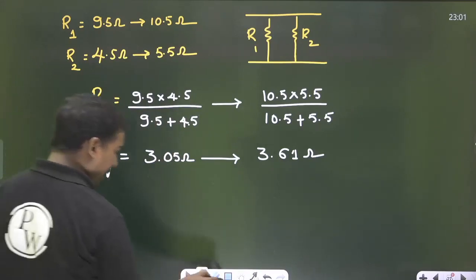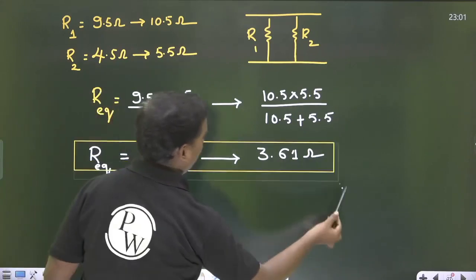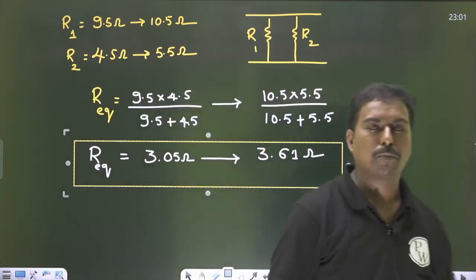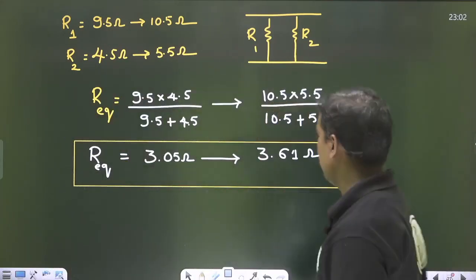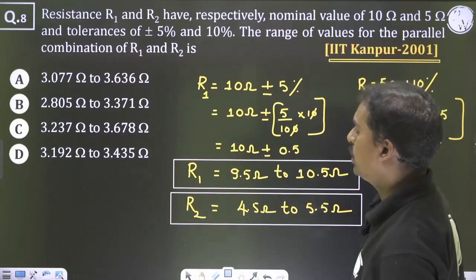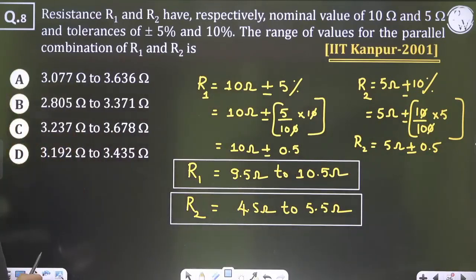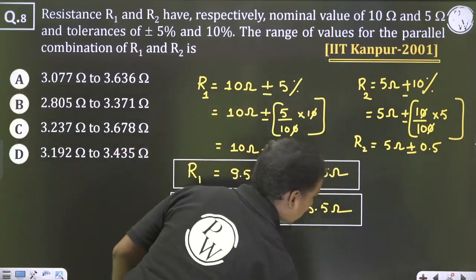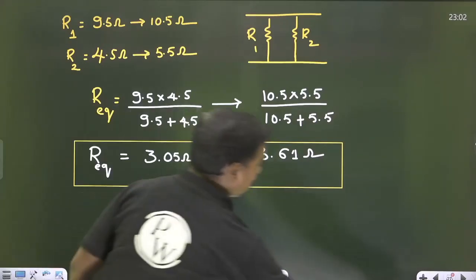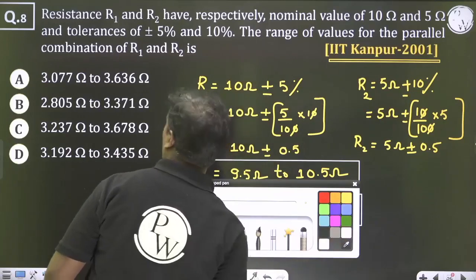This is the best and simplest way. So the range is 3.05 to 3.61. The closest answer is 3.1. Got it? So the right answer is option A here.